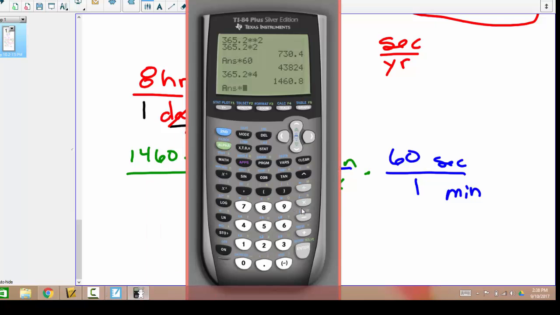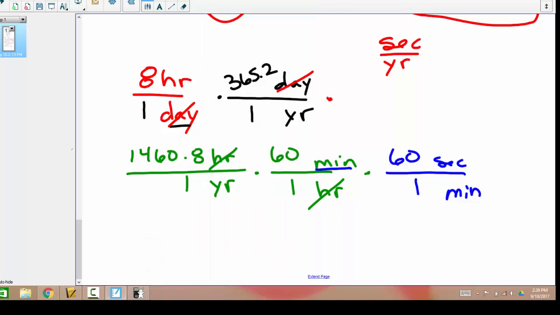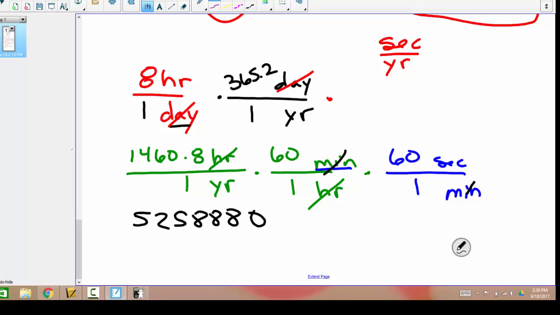Or you could just do times 60 times 60. So 5,258,880. And the word minutes cancels, so you're left with seconds per year.